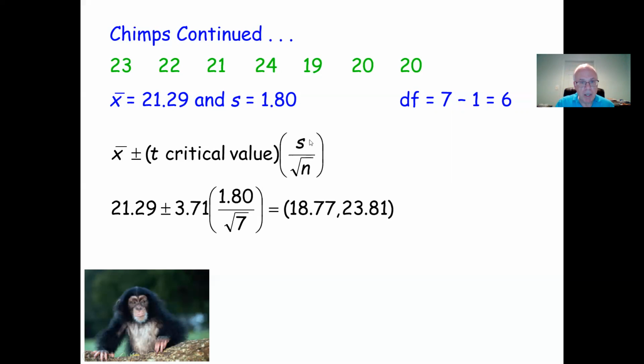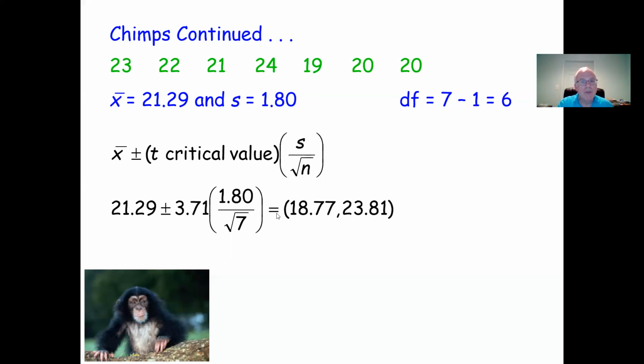Now, we're not given 1.8 directly, but if we put these 7 numbers into our calculator, we can verify them. I'm going to write down these 7 numbers. I think it would be useful to actually enter them into our calculator. That's what we're going to do.